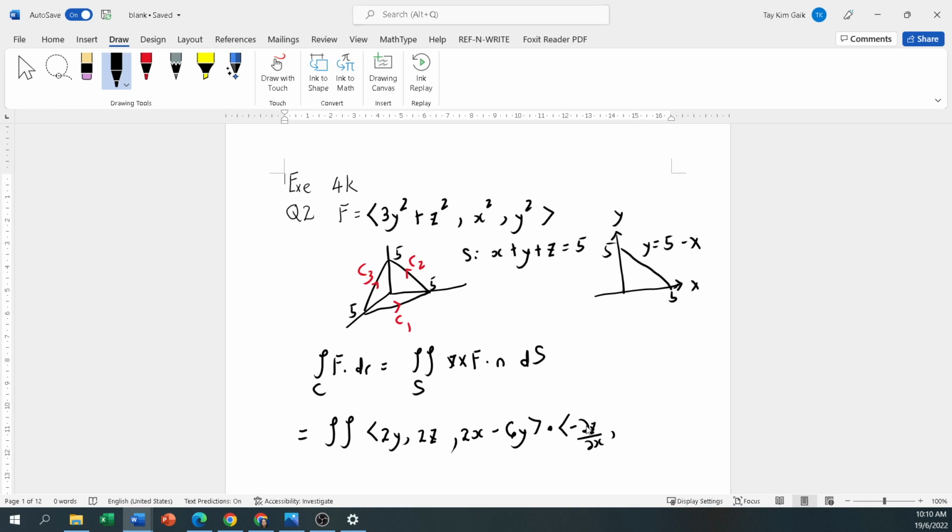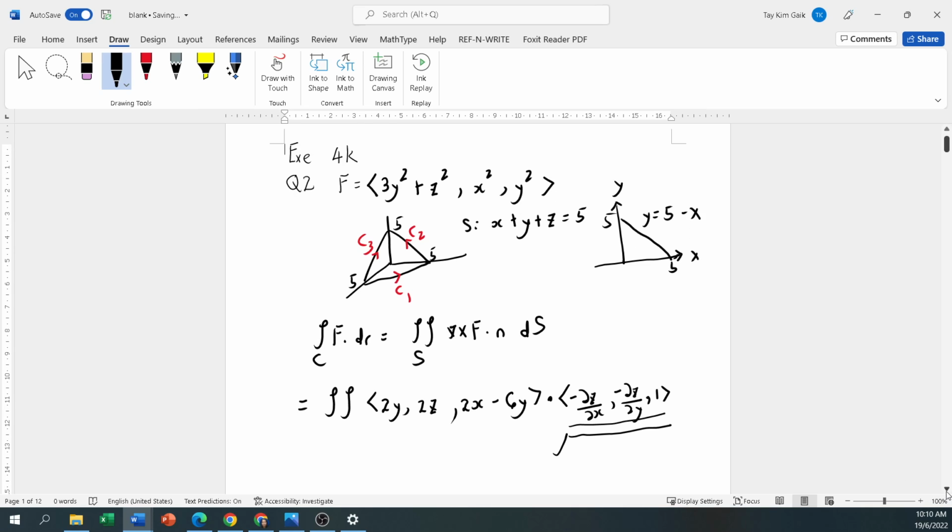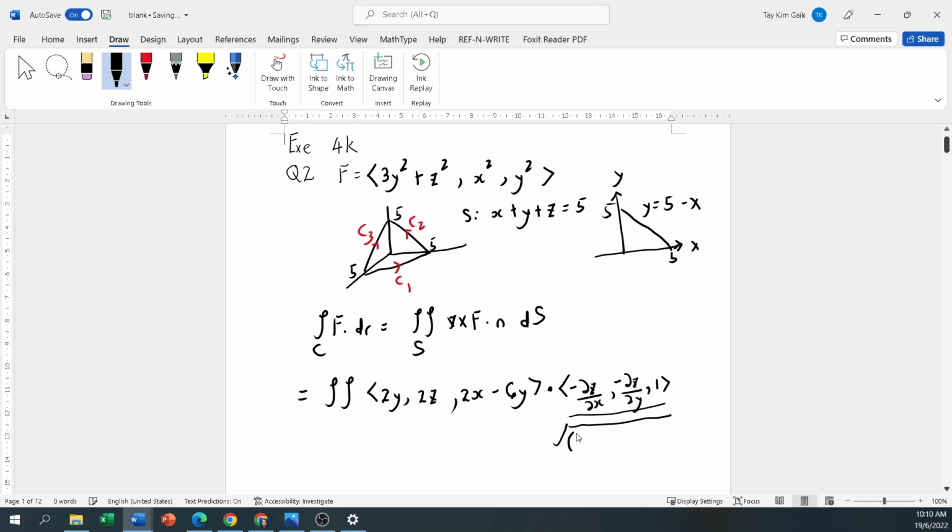The normal vector is negative ∂z/∂x i, then negative ∂z/∂y j, dot with positive k. So you want the unit normal vector, so divide by the magnitude of the normal vector, which is each component squared: (∂z/∂x) squared plus (∂z/∂y) squared plus 1.